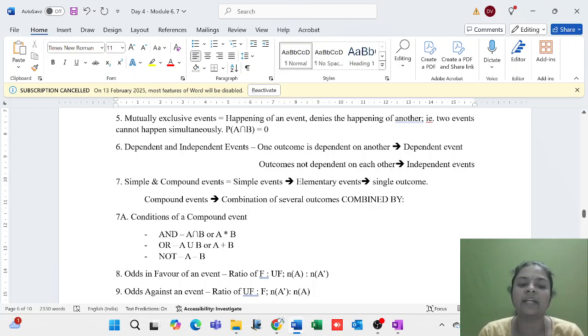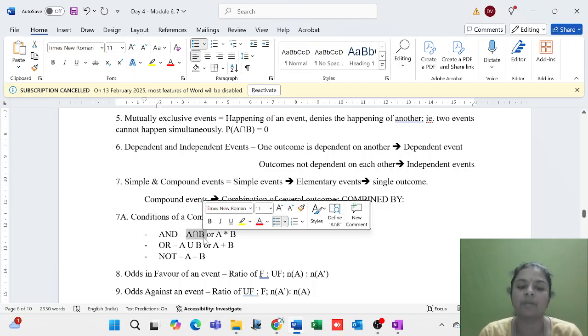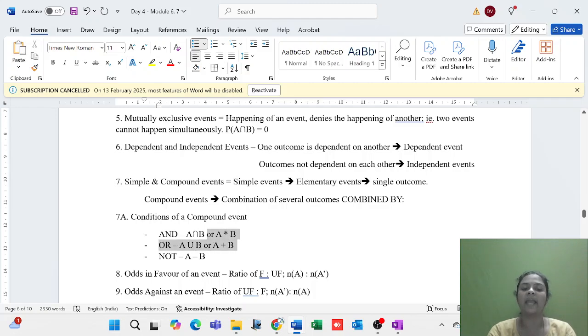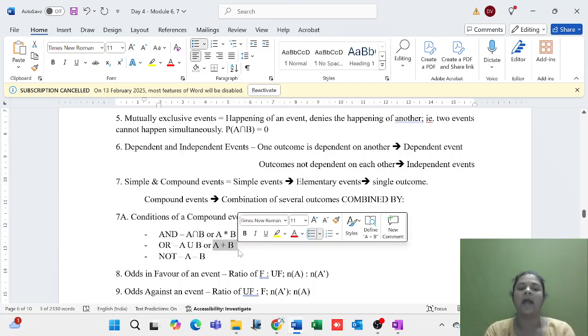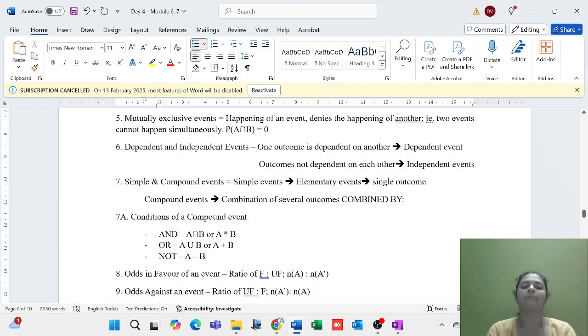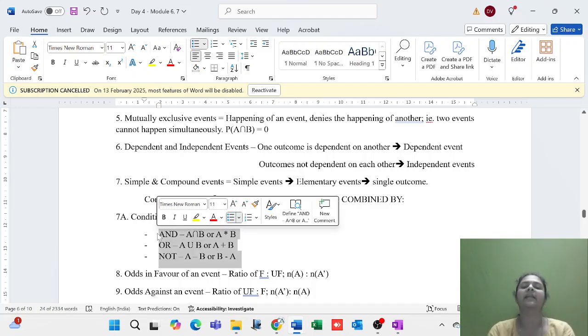If it is an and condition, it is A intersection B, the intersection symbol, or A into B. If it is an or condition, it is A union B, or addition, which is A plus B. And for the not condition, it is A minus B or B minus A. Now remember this rule very clearly. And means multiplication, or means addition, not means subtraction.